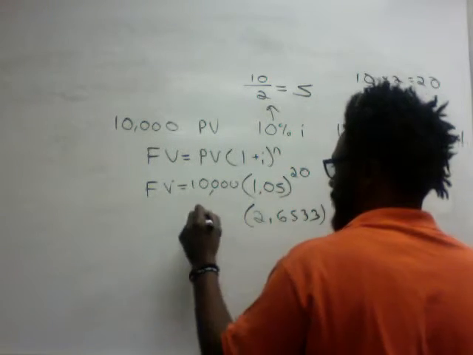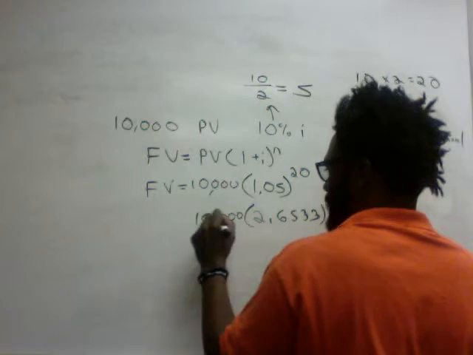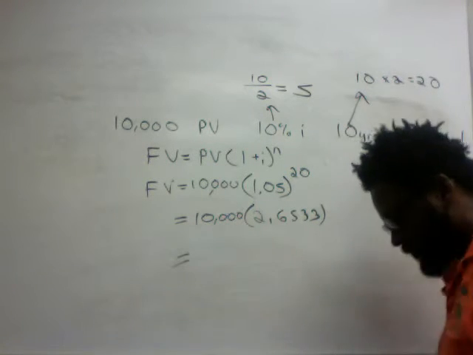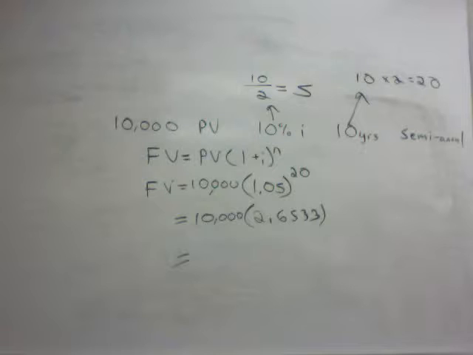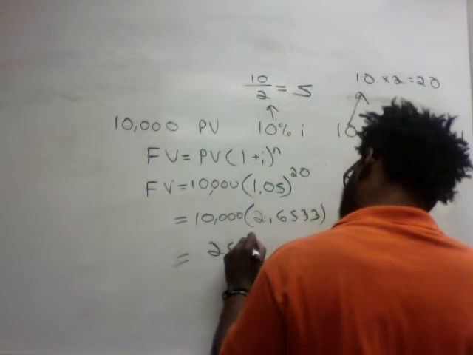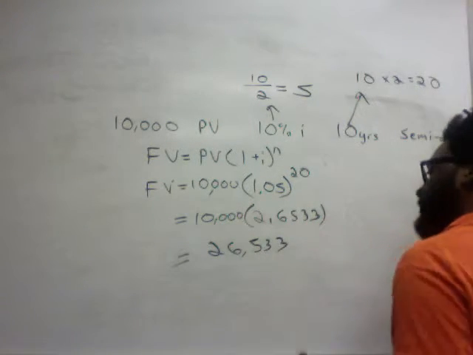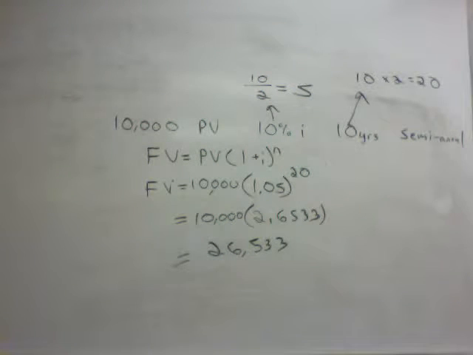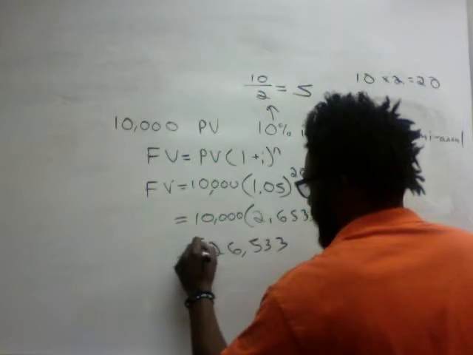You multiply that times 10,000, and that'll give us 26,533.